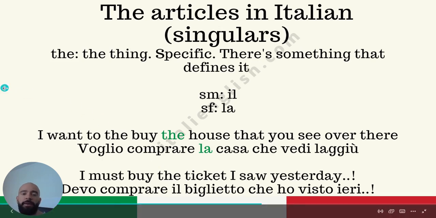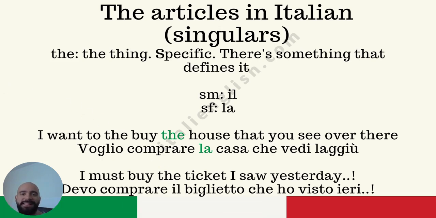Let's talk about the family of articles called determinativo. Okay, the, something specific. If it's singular masculine, the article is going to be il. If it's singular feminine, the article is going to be la. Let's take a look at a couple of examples. I want to buy the house that you see over there.